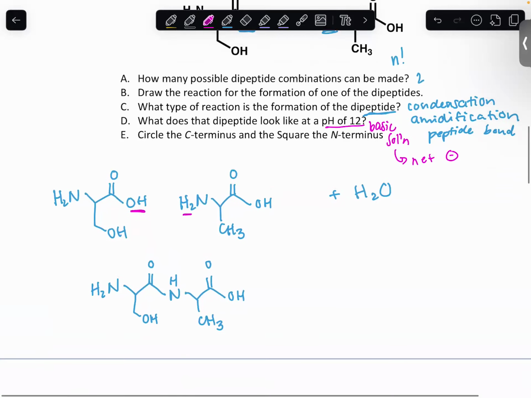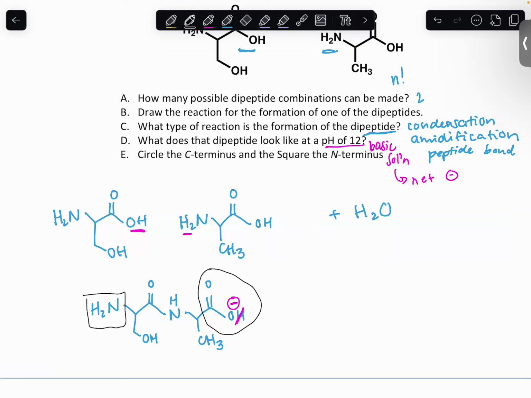Okay, questions on this aspect? It's kind of a review because we learned about amidifications last unit or last exam. This is just a biological application of one of the reactions we learned. What's up? Why wouldn't you remove the hydrogen from the other?